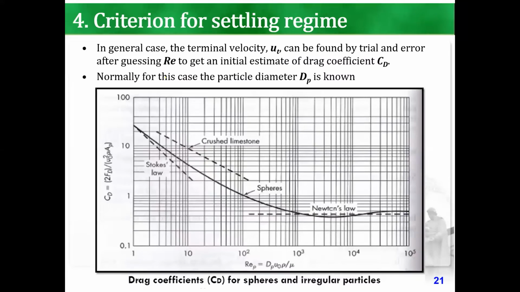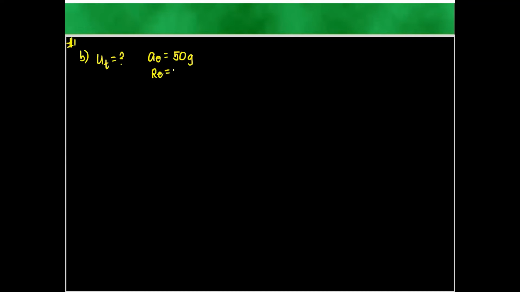And then you're also given that the Reynolds number is 80, right? So I can solve for, let's just call this k, okay?